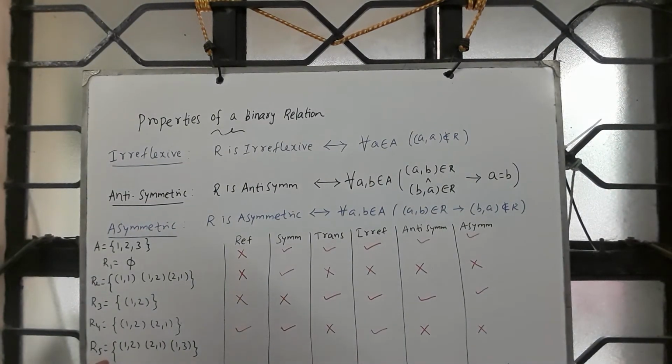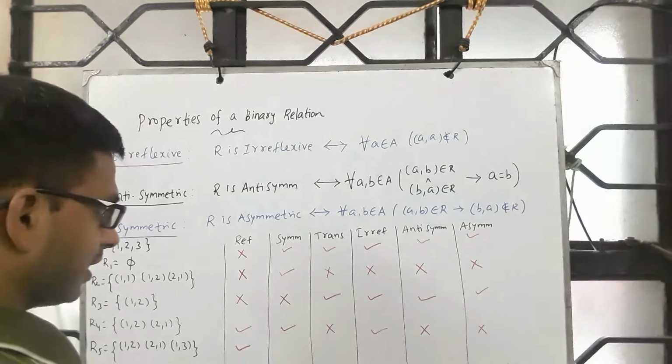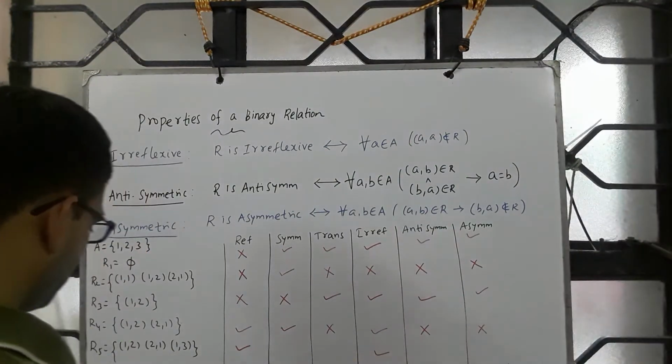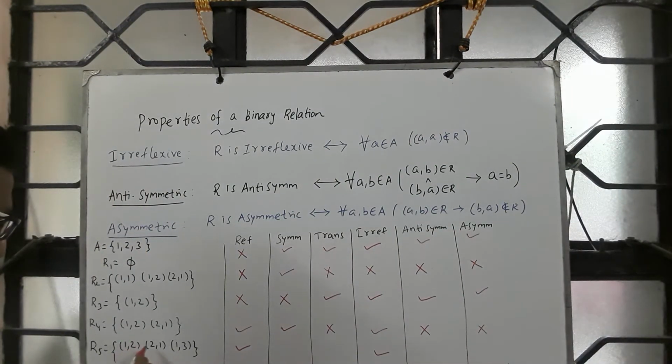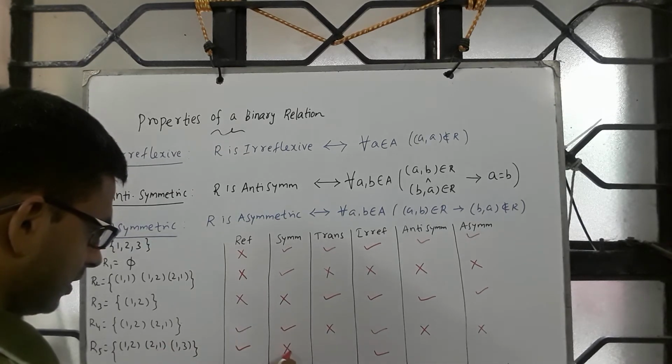If you look at this one, R5, which is (1, 2), (2, 1) and (1, 3). Reflexivity is no, irreflexivity is yes. With respect to (1, 2), (2, 1) it is fine, but with respect to (1, 3), (3, 1) is not present, which means it is not symmetric.